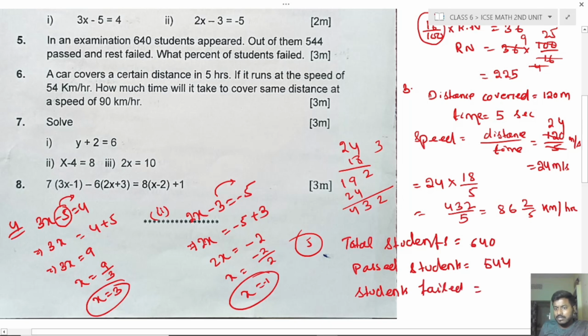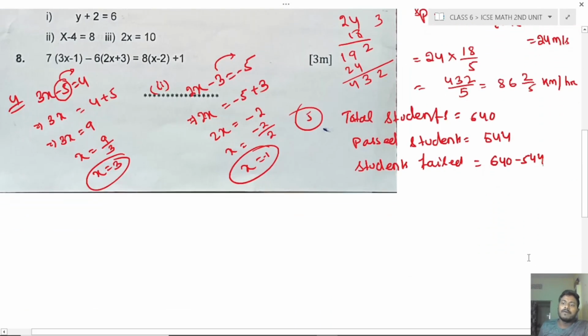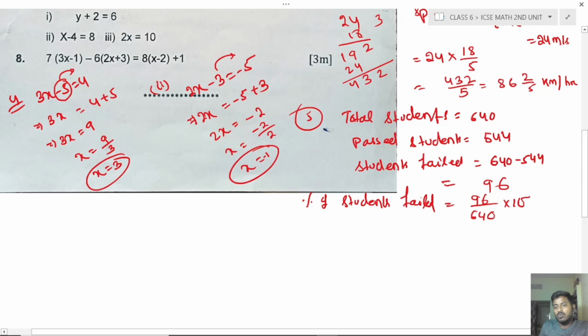Now subtraction, that is 640 minus 544. So subtract, 0 minus 4, that is 6, borrow, 13 minus 4 is 9. Here 5 minus 5 is 0. Means 96 students fail. So find out the percentage of students who fail equal to 96 divided by the total 640 into 100.